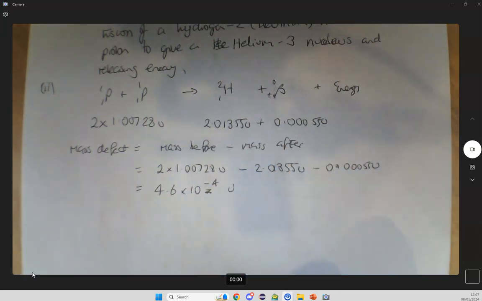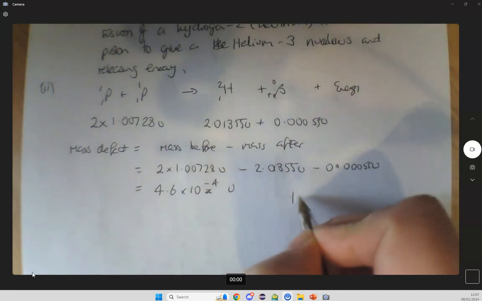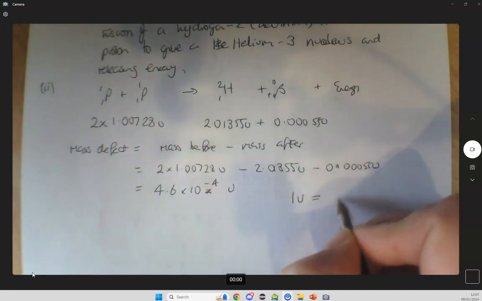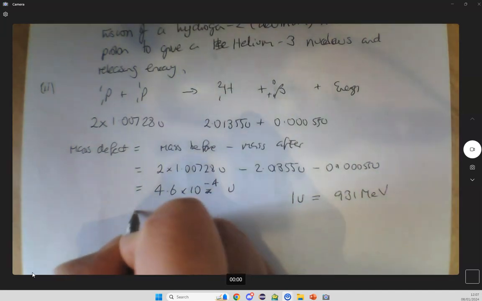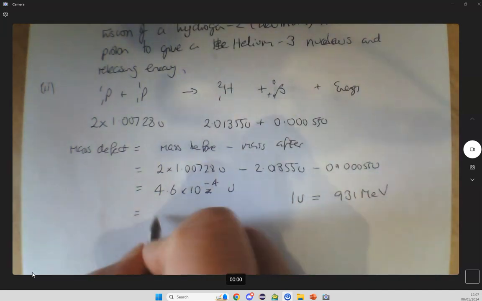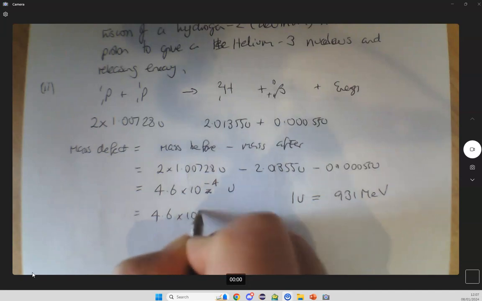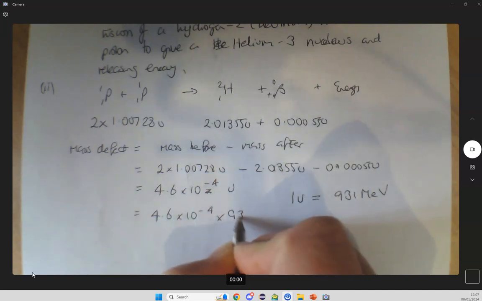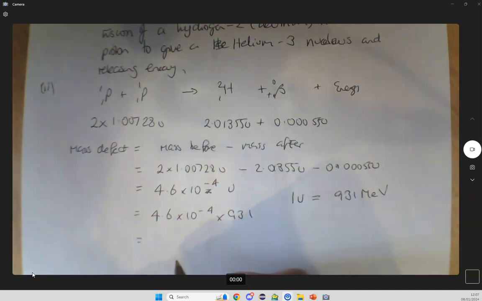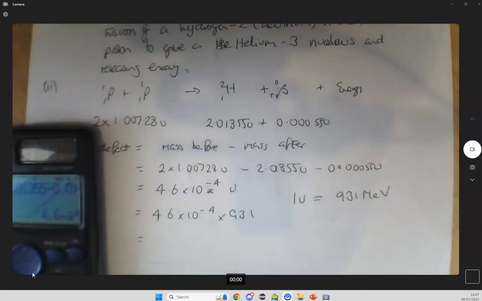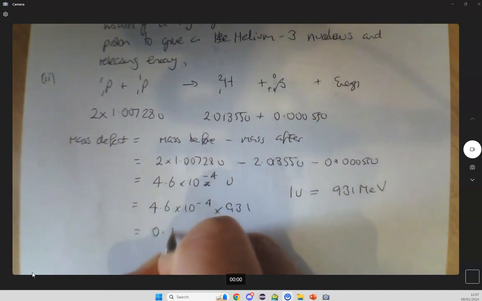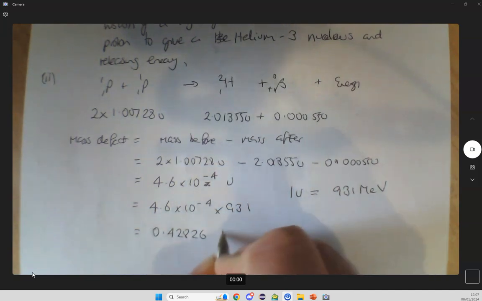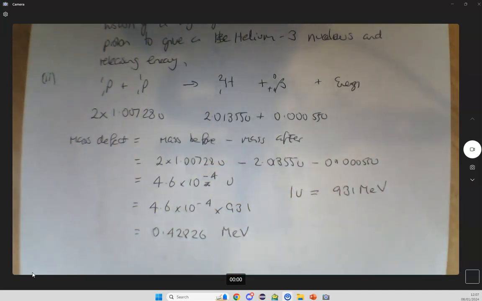Earlier in the question, it tells us that 1 U equates to 931 mega electron volts. So my mass defect is 4.6 times 10 to the minus 4 times 931 mega electron volts, which gives us 0.42826 mega electron volts.